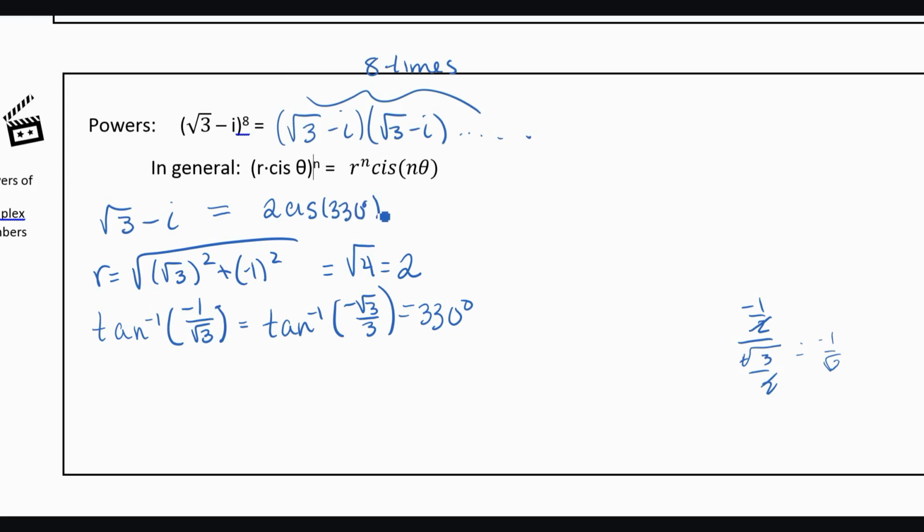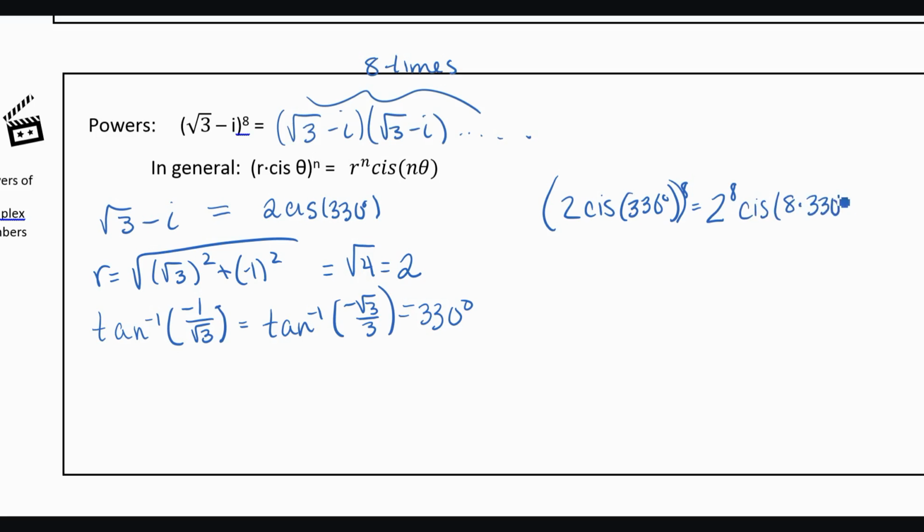So if we want to take that to the 8th power, this will be 2 to the 8th, and then CIS of 8 times 330 degrees.